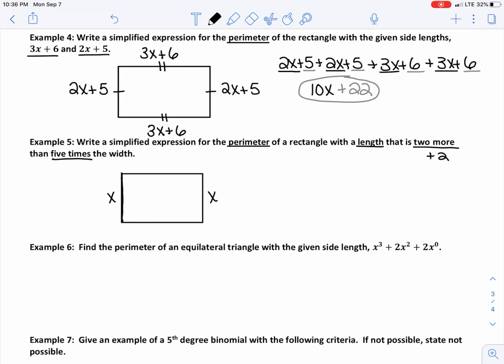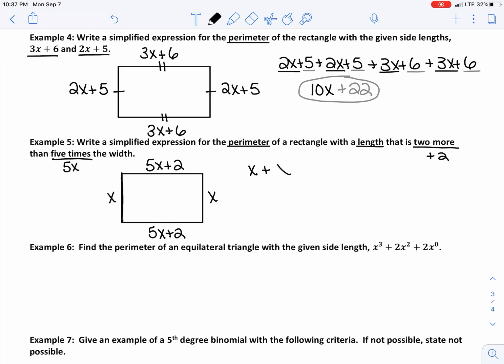And in this case, our width is x. So we're going to take 5 times x, basically. And then we say 2 more than that. So if we have 5x, we're going to say plus 2. This is also going to be 5x plus 2, because opposite sides are congruent or equal, like we did in example 4.